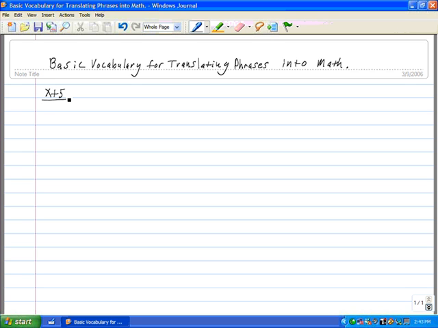write this expression. And for now, in the very beginning, we're going to concentrate on how we refer to the operation. The first expression we see here, the operation, is the addition operation. So for this expression, you could say a number added to 5 or 5 added to a number. We could say more than, as in 5 more than a number.